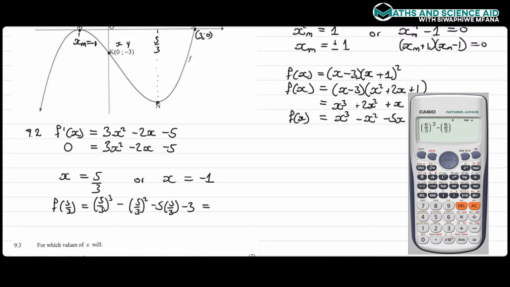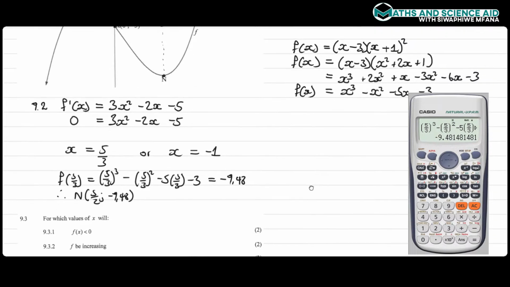So we square this and then we minus 5 into 5 over 3, and then we just subtract 3. So the y value, let's just write this one as a decimal, negative 9,48. Therefore, the coordinates for n are 5 over 3 and negative 9,48. So there we have it.